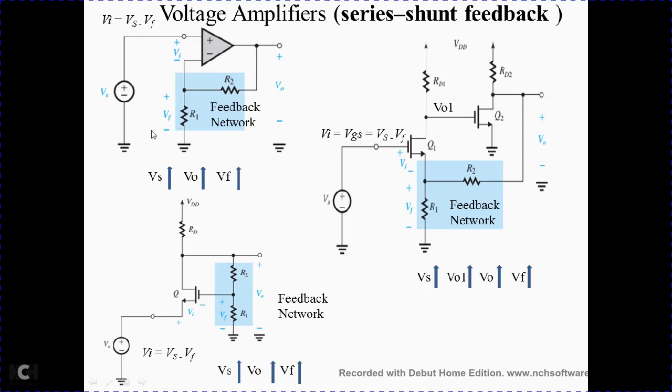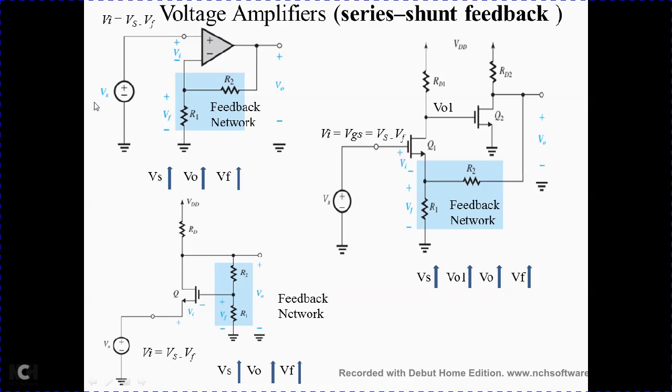In order to justify that, you can just analyze this circuit. Whenever I increase the signal input Vs from its normal value, then definitely the output also increases, for a given gain of the feedback amplifier.